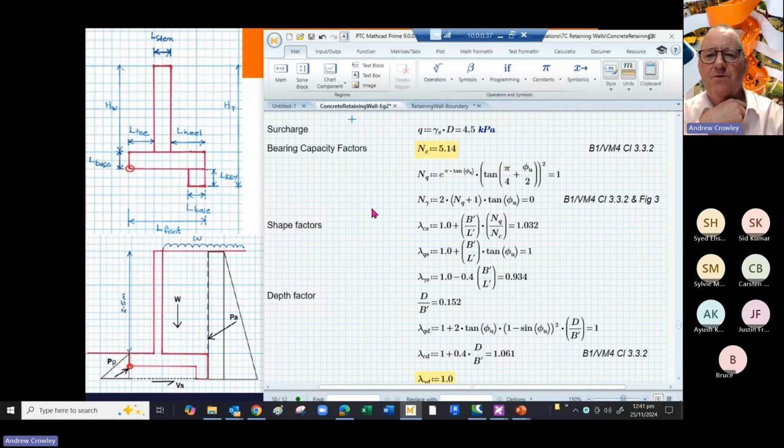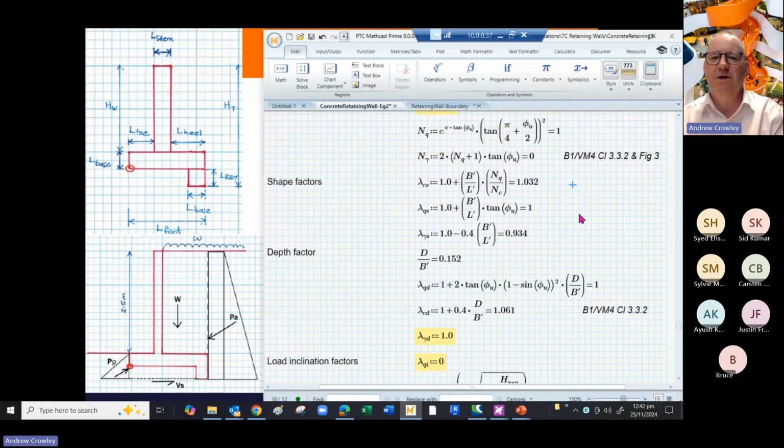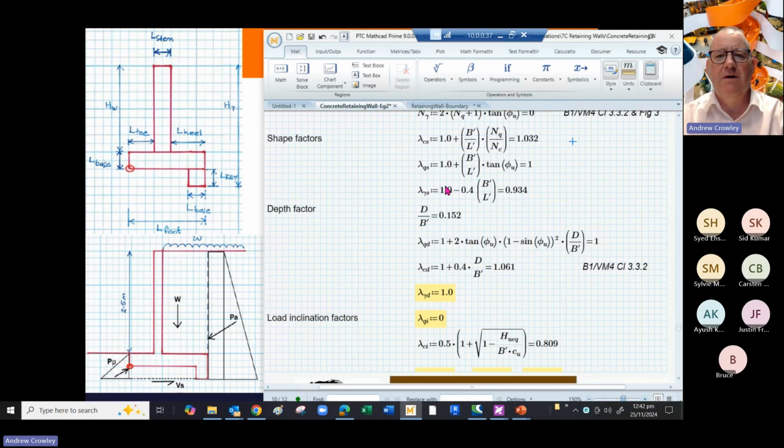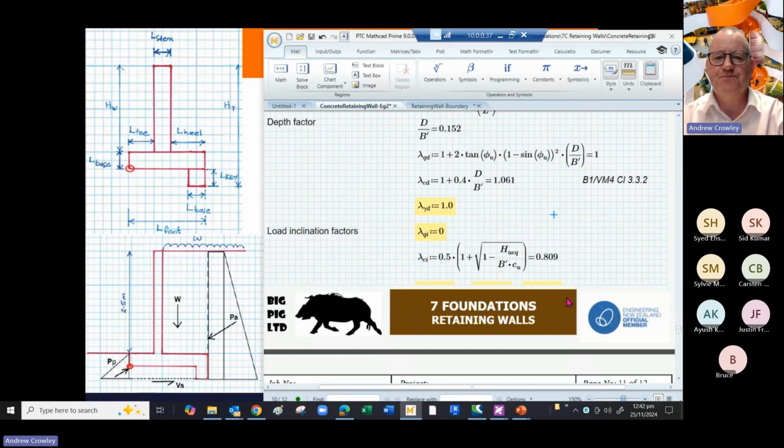So B1/VM4 gives you an Nc value of 5.14. And then you can easily derive the Nq and N gamma either by looking at the graphs or by popping them into the equations given in B1/VM4. Similarly with the shape factors and the depth factors that we've seen before.